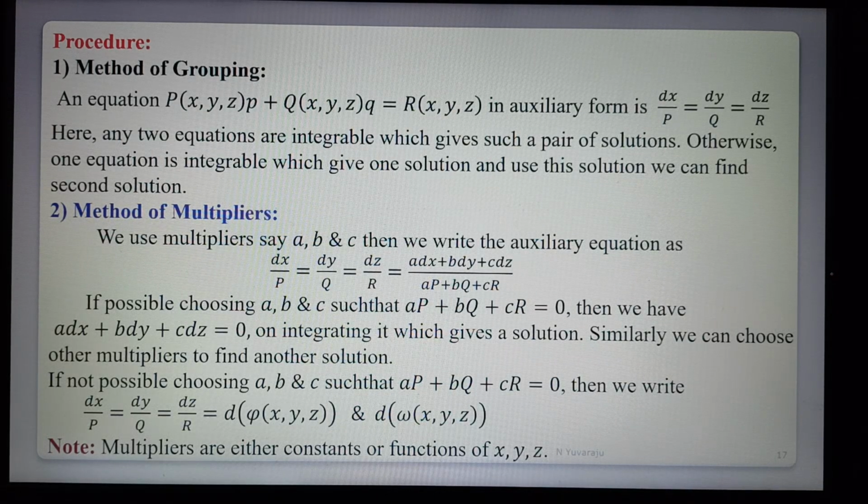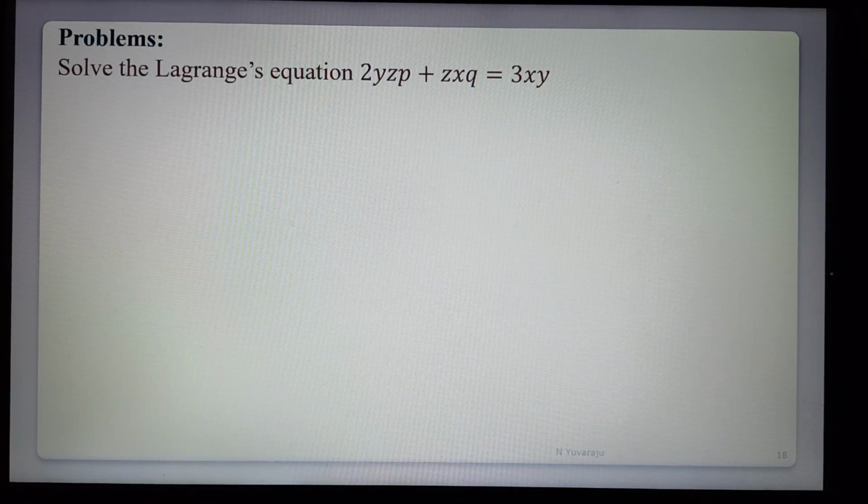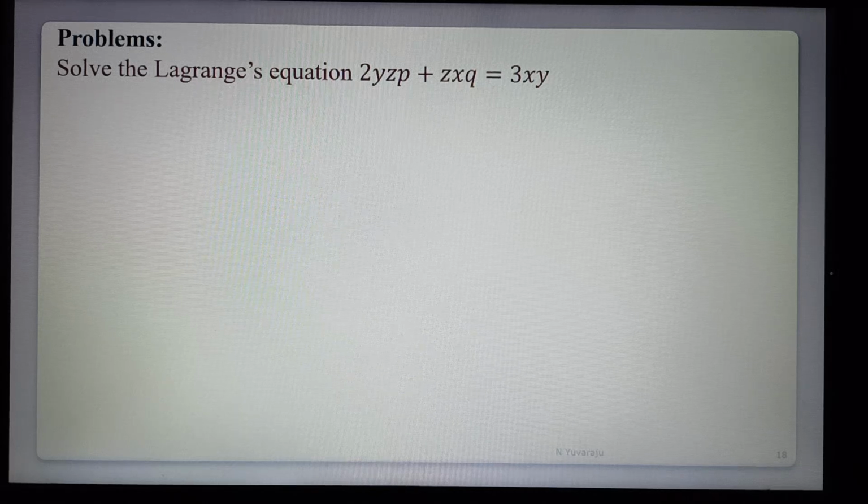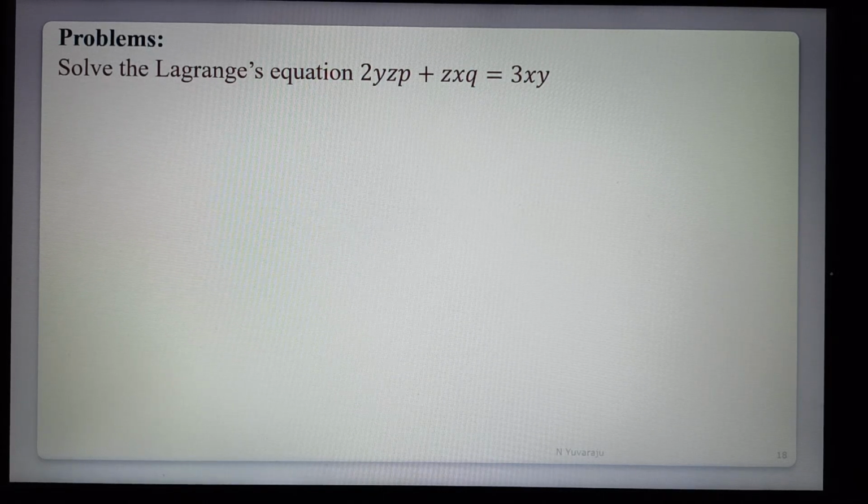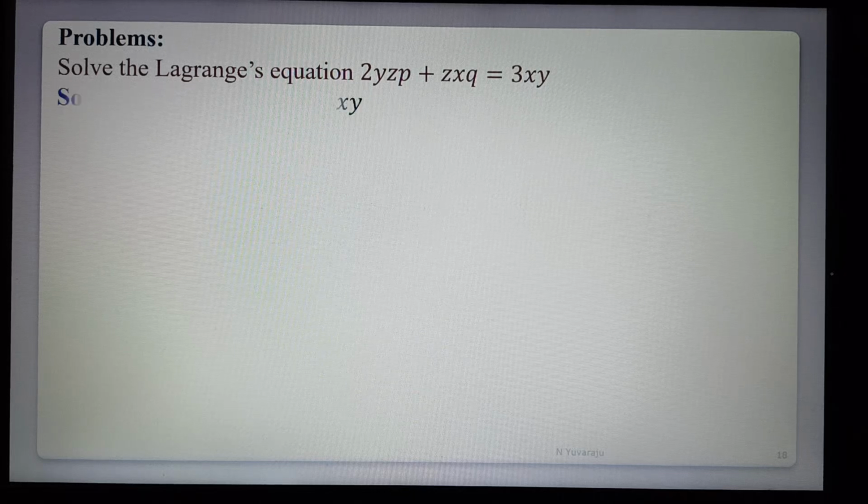Okay, see the example here. First example: solve the Lagrange's equation 2yz p plus zx q is equal to 3xy.